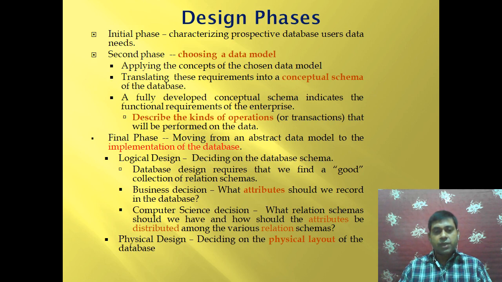That means we have to identify what are the attributes that we consider to be important for our database. And finally, we should have those attributes distributed among different relations. And physical design is also very important, deciding on the physical layout of the database.